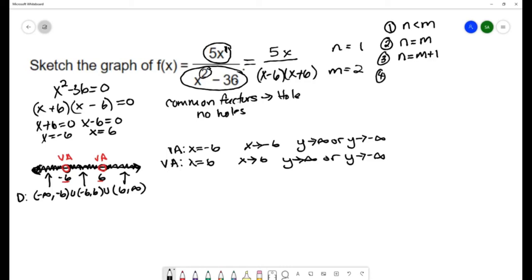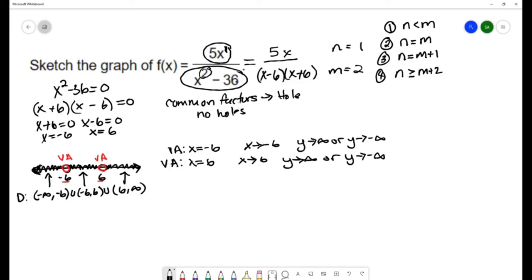And then finally, this is the one that fills in the gap of every other possibility: n is greater than or equal to m plus 2. So this is saying that the numerator would be larger than the denominator, and it's larger by 2 or more.